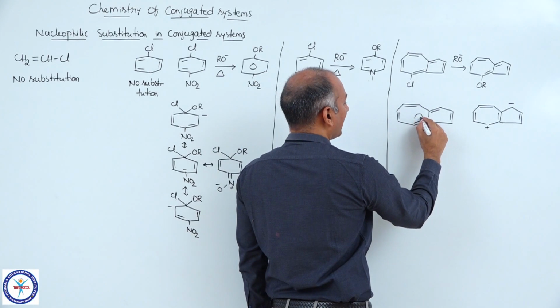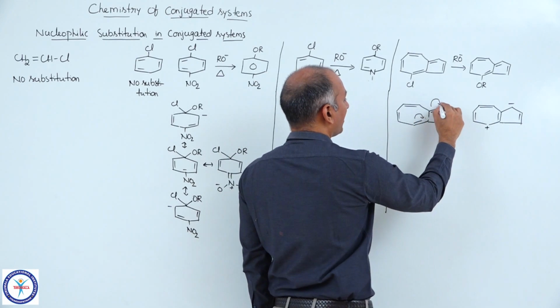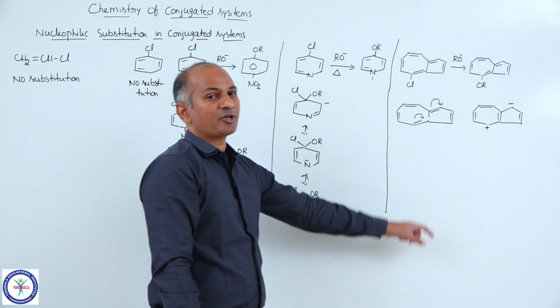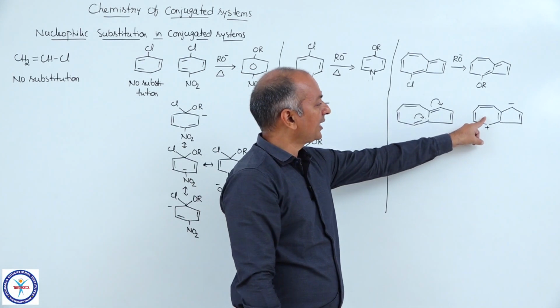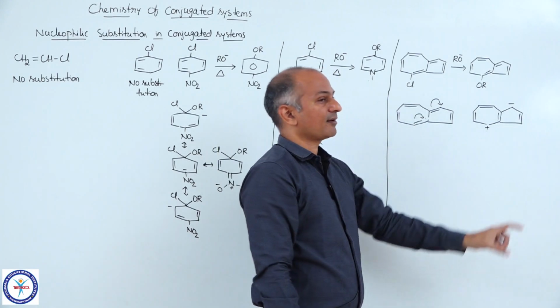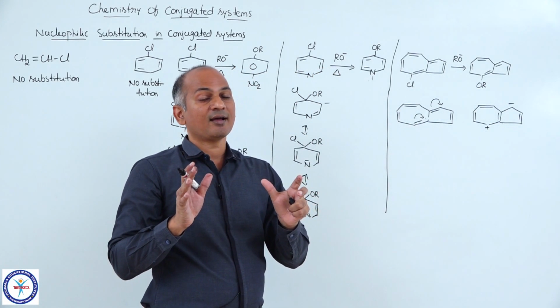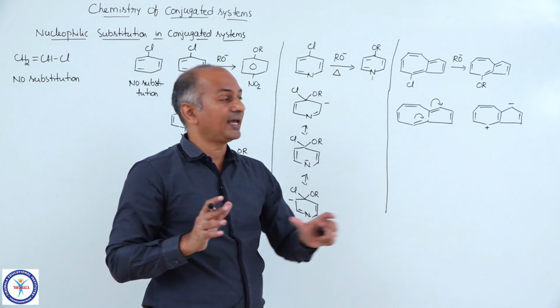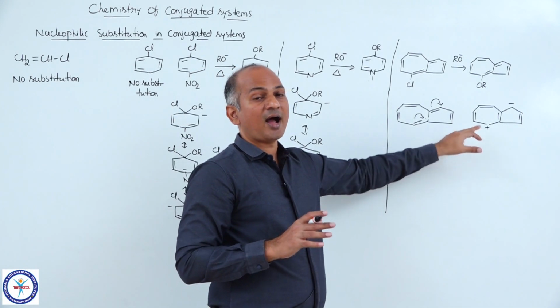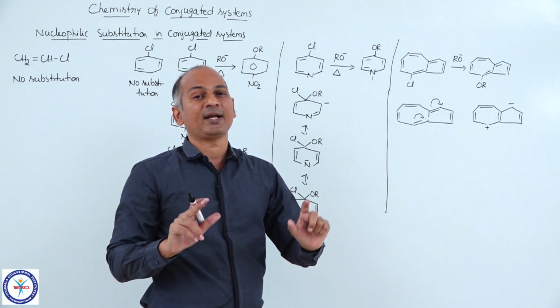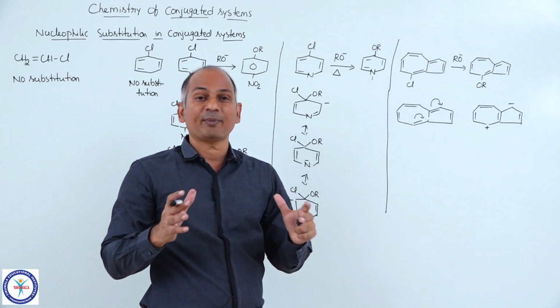You break this pi bond like this, then you break this pi bond like this. And you observe that the 7-membered ring as well as the 5-membered ring are now both aromatic. The 7-membered ring is a cycloheptatrienyl carbocation, observe that. And the 5-membered ring is a cyclopentadienyl carbanion, both are aromatic.